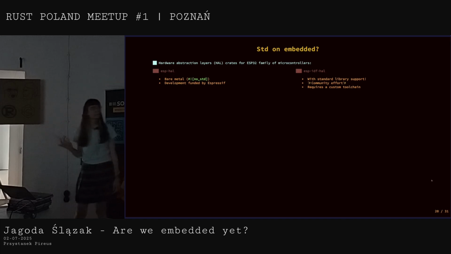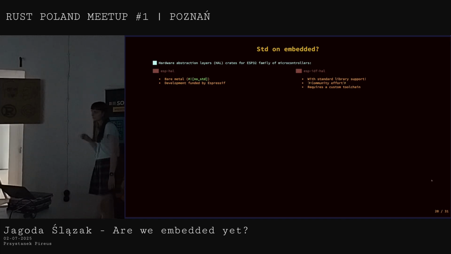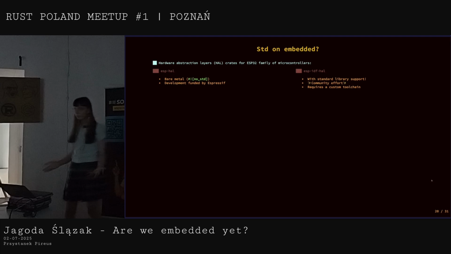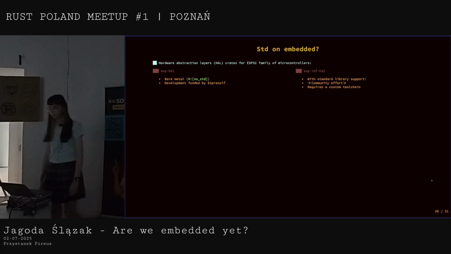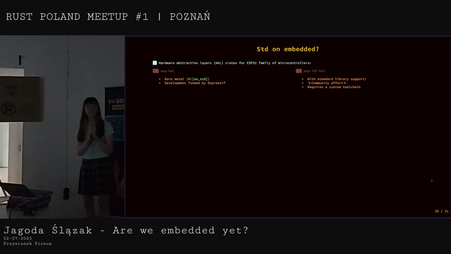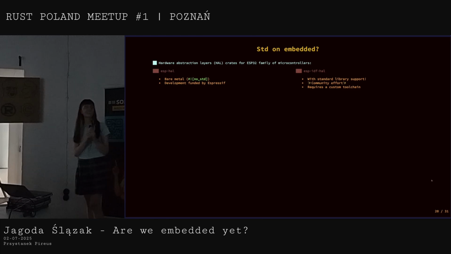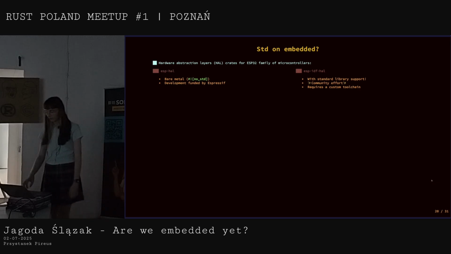It, for example, maps std thread to FreeRTOS tasks, and this way you can use threads from the standard library like you would normally use. And yes, you can use Tokio on ESP32 using this hardware abstraction layer and the custom target, which is really crazy.